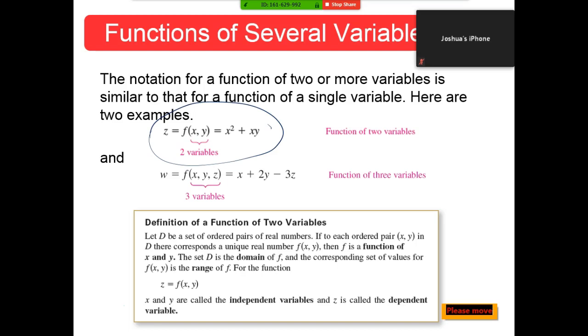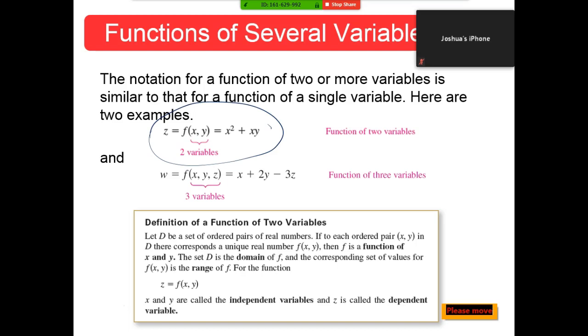If to each ordered pair, x, y, in that domain D, there corresponds a unique real number, f of x, y, then f is a function of x and y. So you see now, whereas before, y equals f of x, for any x, there's only one y. Now for any unique ordered pair, x, y, there's only one z, or f of x, y.